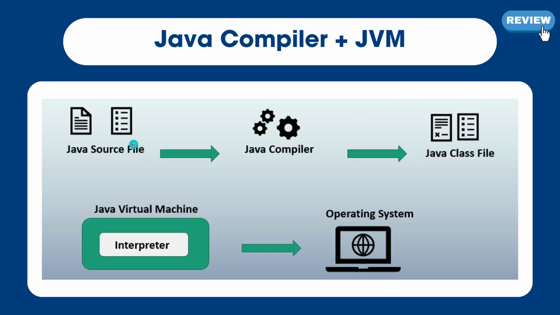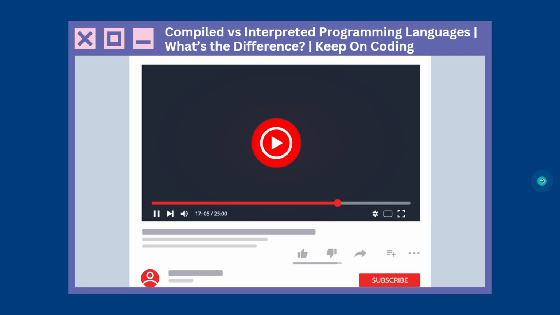We touched on this briefly last time, but now we have a little bit more information. We write these files, the Java compiler translates them and generates these class files. That's why we have the .java files and then the .class files in that out folder. And then the JVM actually interprets that code before handing it over to your operating system. We'll actually read it down in the machine code version.